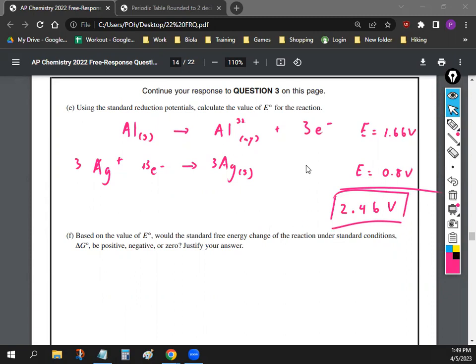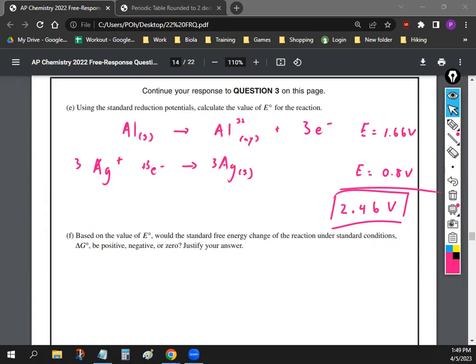It'll usually be something like this. You basically just need to flip one of them, or maybe flip none of them, to make sure it's the most positive value possible. You just need to make sure that the electrons obviously cancel each other, and then go based on that.